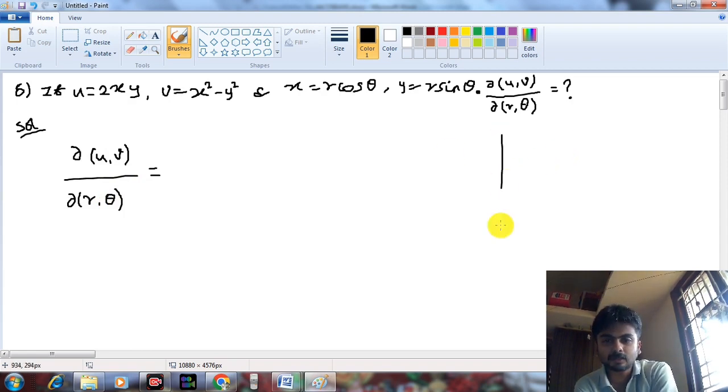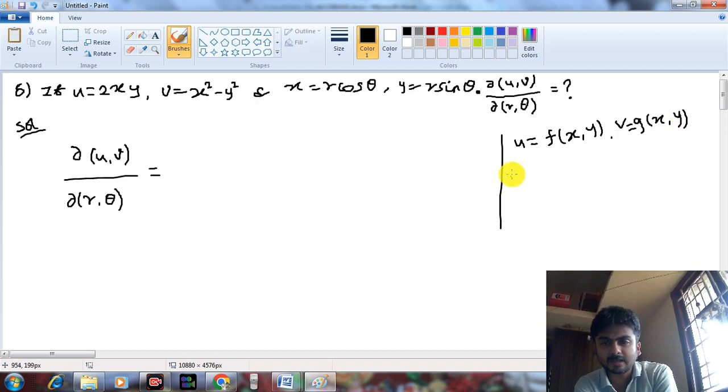Here u is a function of x and y, and in the same way v is also a function of x and y.